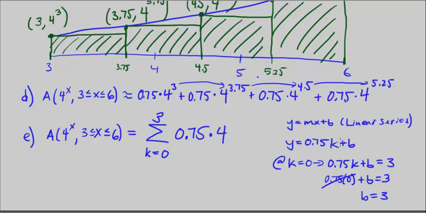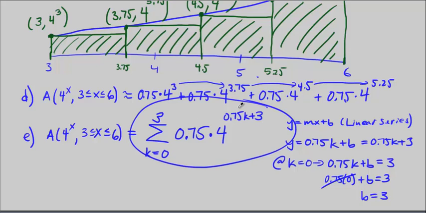So our linear series is 0.75 times k plus 3. So here in the exponent, we write 0.75 k plus, not b now, 3. Okay, so here is our expression for all 4 rectangles being added using sigma notation.